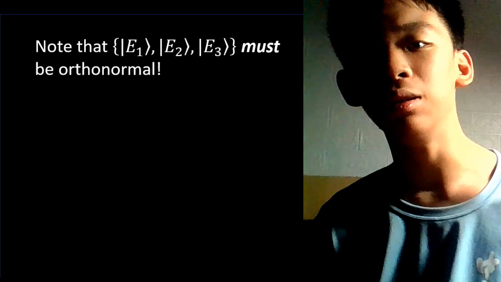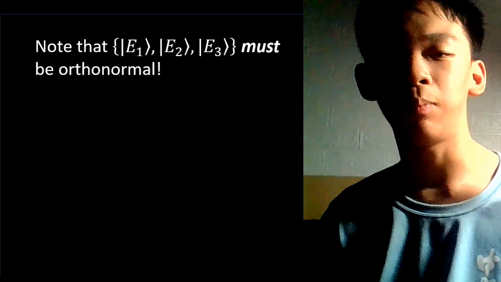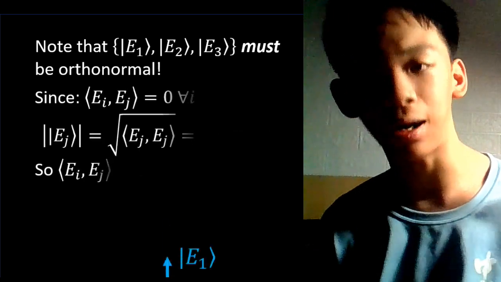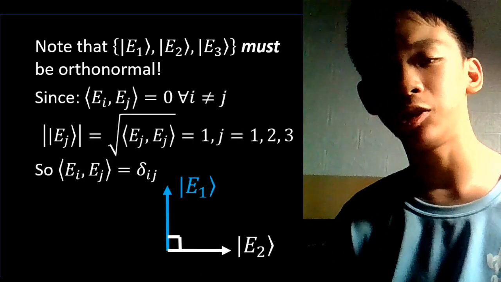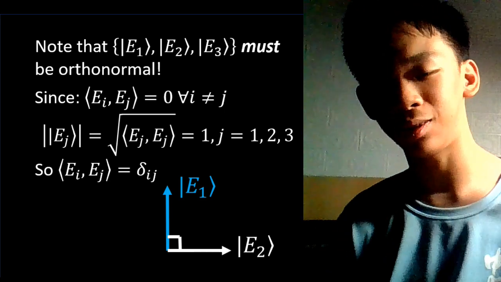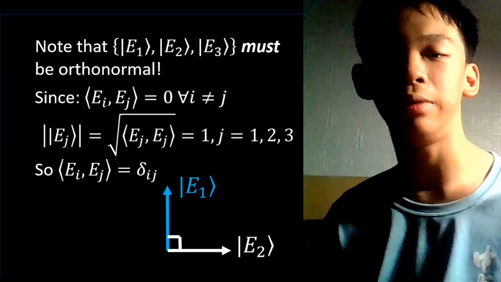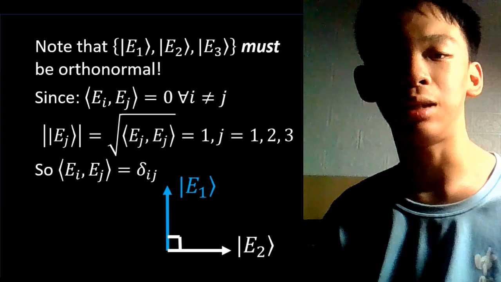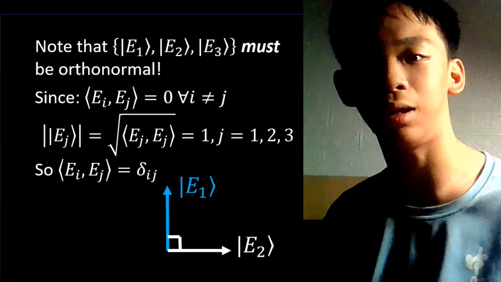Note that E1, E2, and E3 must be an orthonormal basis, since finding a basis state in another is impossible, and the norm of each state is 1 by convention. Hence the inner product of Ei with Ej is the Kronecker delta of i j.